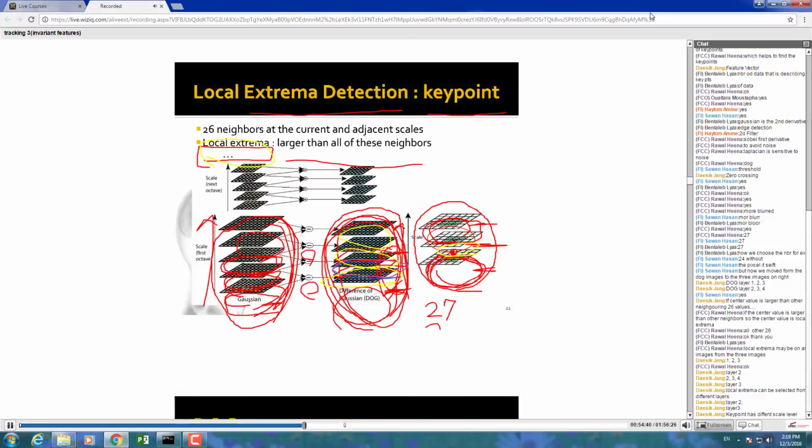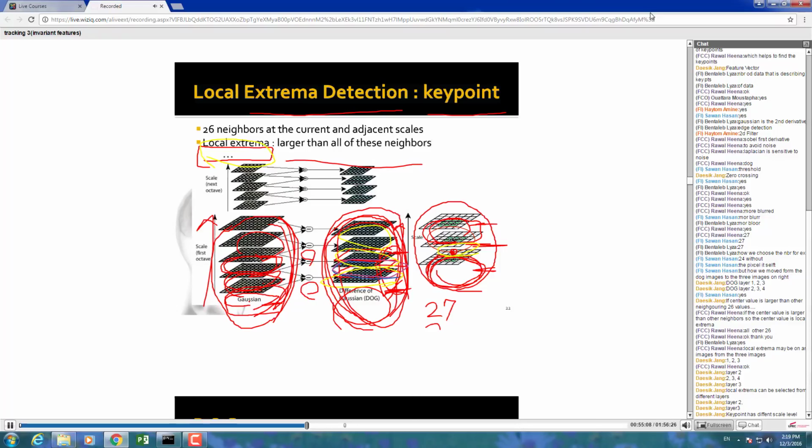Some of them are from layer 2, some of them from layer 3. So in this example, we have just 2 different scale levels, layer 2 and layer 3. When we are saving the key points, we are storing the scale level number as well.